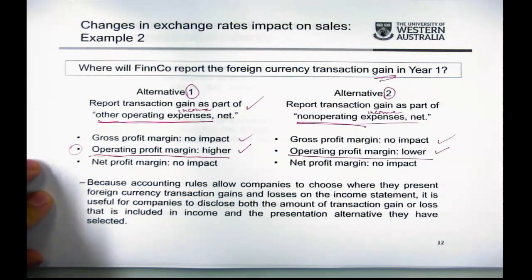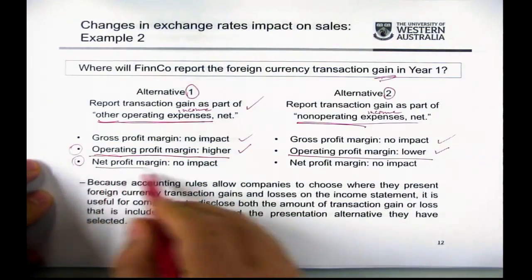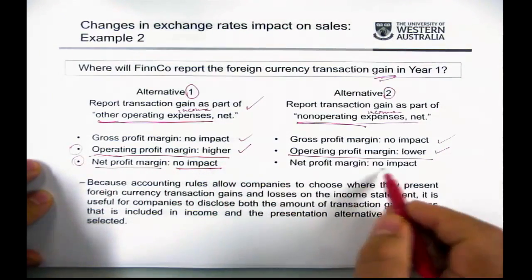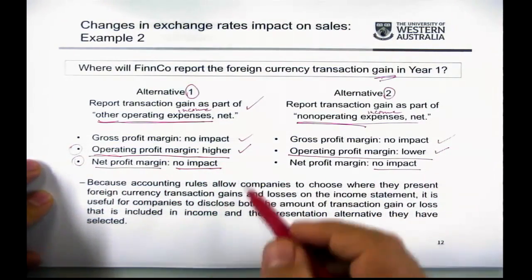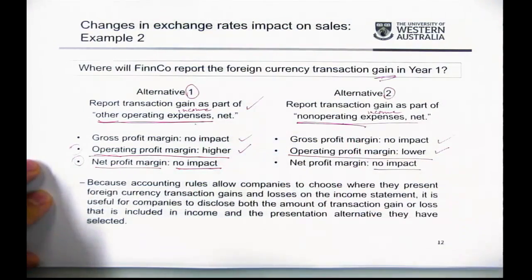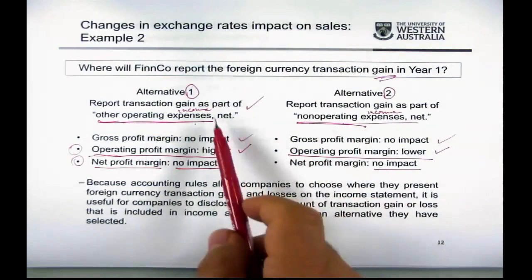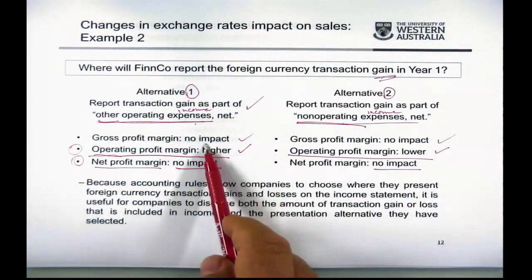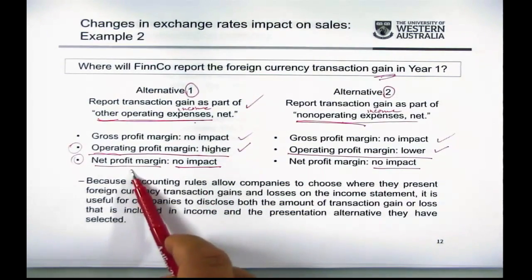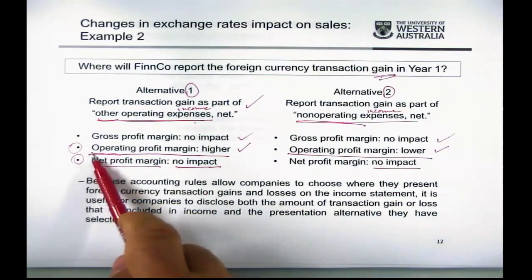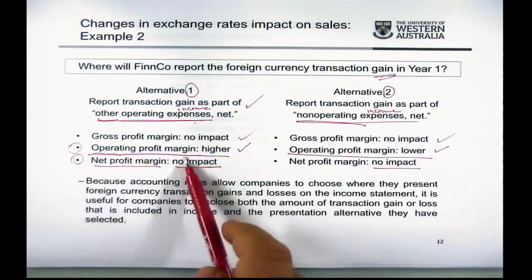And when it comes to the net profit margin, it doesn't make a difference whether the firm reported here or here. So again, the choice between the two alternatives doesn't make a difference when it comes to the gross profit margin or net profit margin. But it does make a difference when it comes to the operating profit margin.